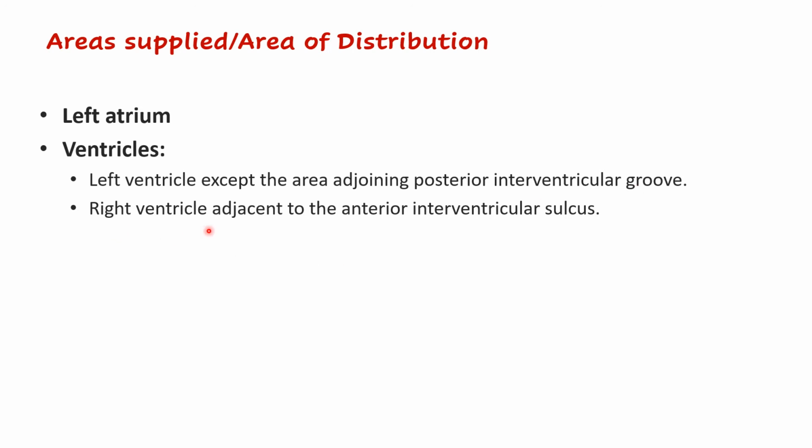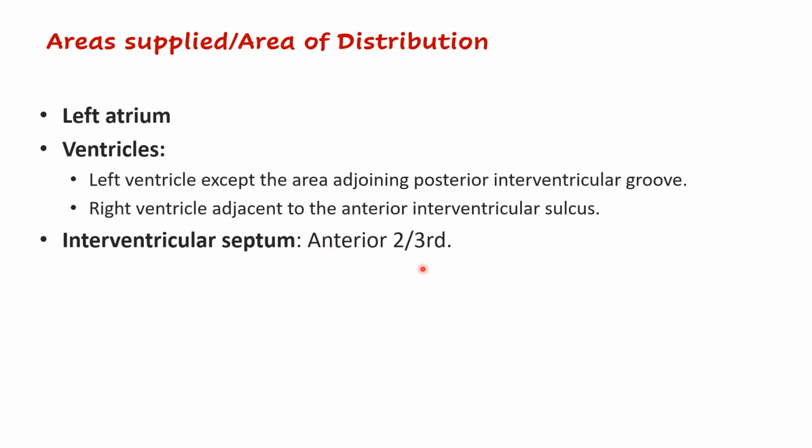Then the right ventricle, which part? Adjacent to the anterior interventricular sulcus, where we have the anterior interventricular artery running, which is a branch of the left coronary artery. Then the interventricular septum, the anterior 2/3 of the interventricular septum, that will be supplied.